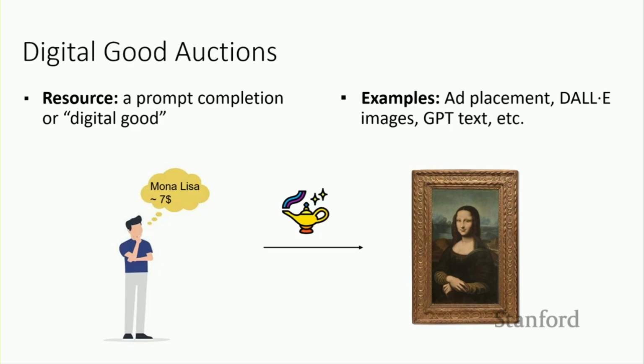So the mechanism is that the seller of the digital good has to decide how to price things like prompt completions. Ideally, you'd want to do this before actually completing the prompt. And in order to do this, the seller has to know what the actual prompt completion will be. So there's a mismatch of information here, because the seller doesn't know the prompt completion until it's actually done.